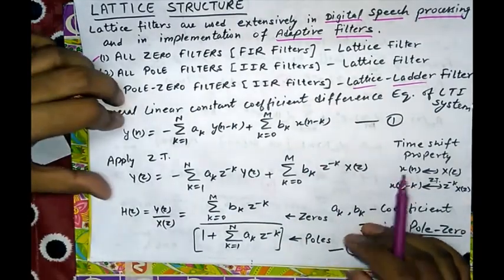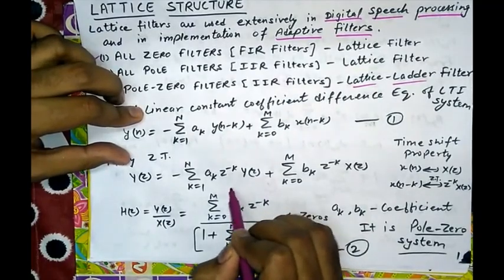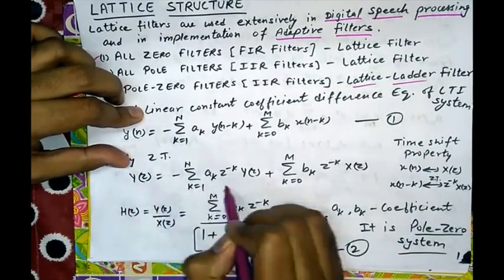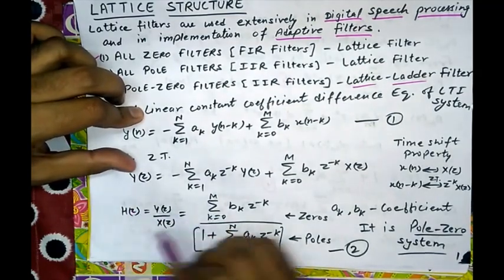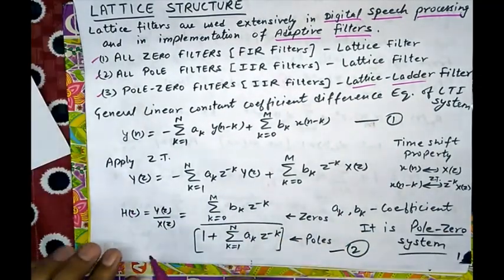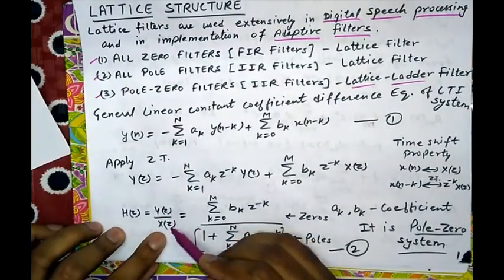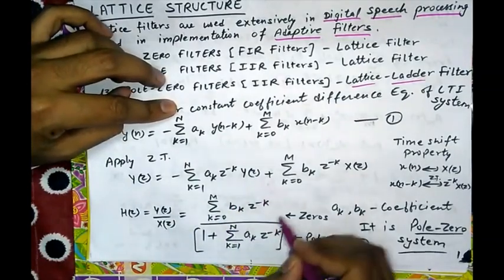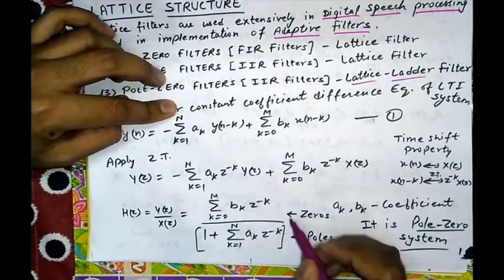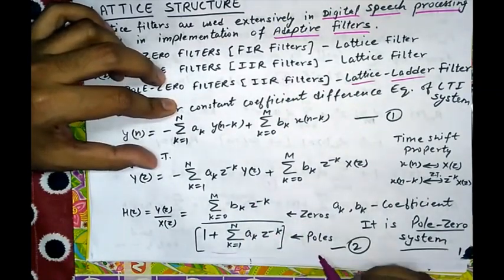Time shift property. In the next step, we will put the Y(z) terms on the left hand side and take Y(z) common, and then divide the expression by X(z), forming the system transfer function H(z) equal to Y(z) upon X(z). It has a numerator as well as a denominator, where the numerator corresponds to zeros and the denominator corresponds to poles.